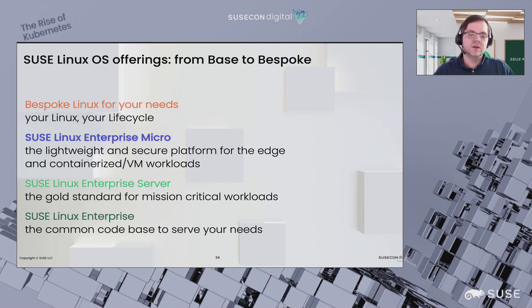So from the SUSE Linux Enterprise code base, we create the products depending on your use case and your needs to cater and support your requirements. It's basically your Linux and your lifecycle. It is your choice, and we are happy to welcome you as customers to our products.